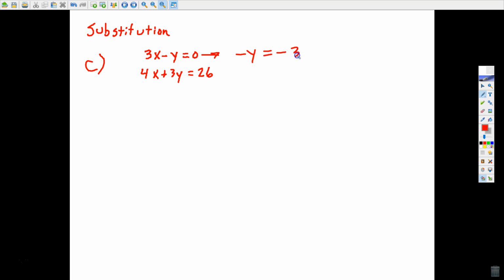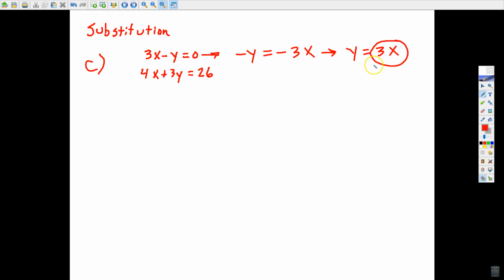So I'm going to subtract 3x. And again, you never solve for negative anything, but multiply or divide by negative 1 forces this. Okay, substitution says solve for a variable. We just did that. We solved for y.